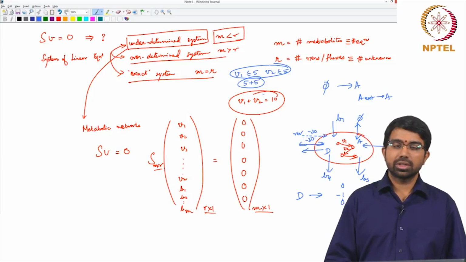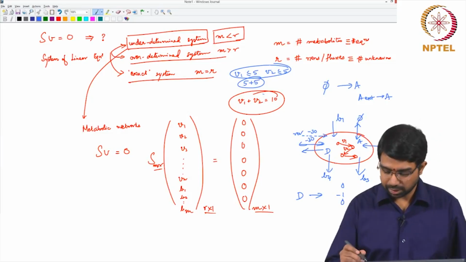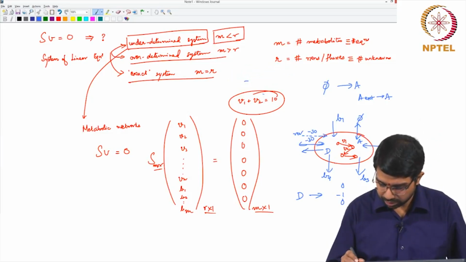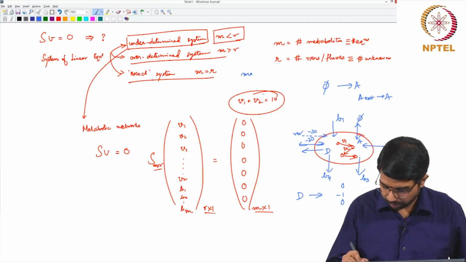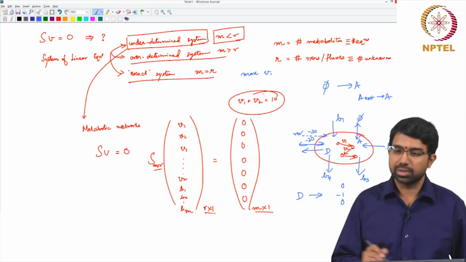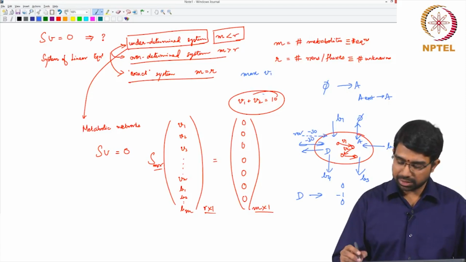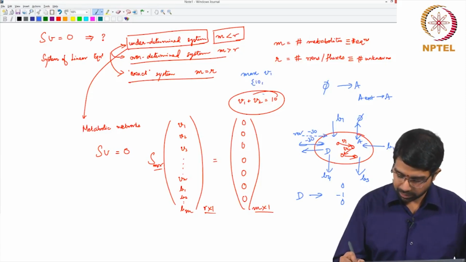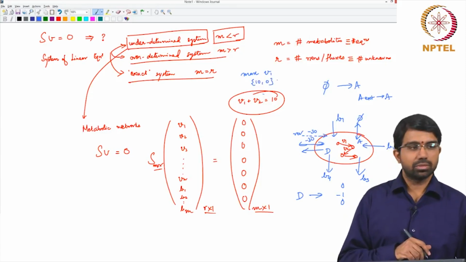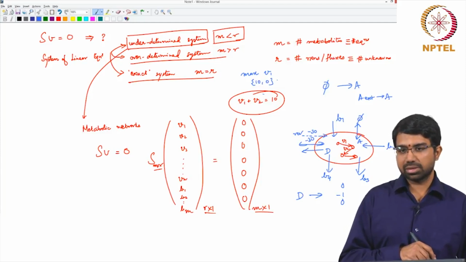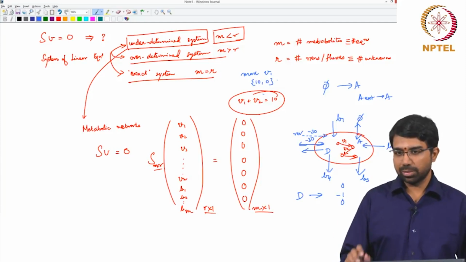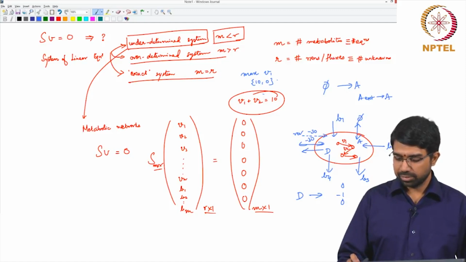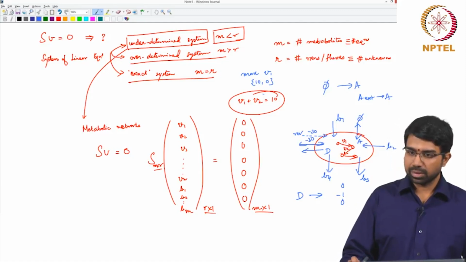So, usually we resort to maximizing something. Let us say solve this subject to max V1, then the answer is very simple, 10, 0. Solve this subject to max V2, 0, 10, right.